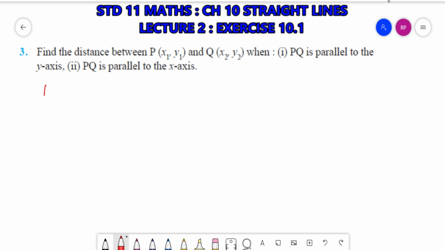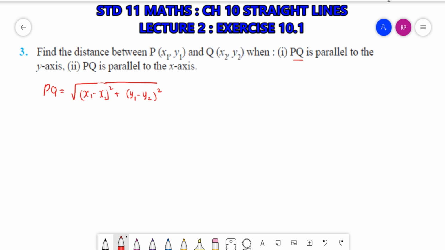So first we can write the simplest distance formula: the square root of (x1 minus x2) whole square plus (y1 minus y2) whole square, or (x2 minus x1) whole square plus (y2 minus y1) whole square.